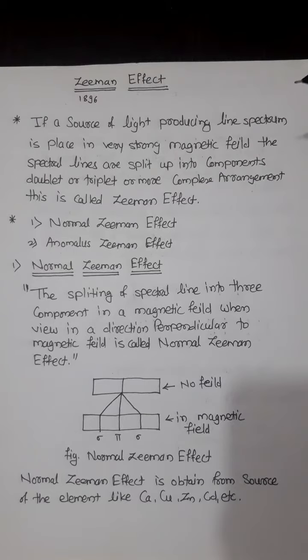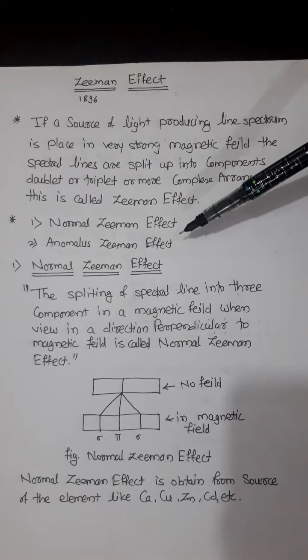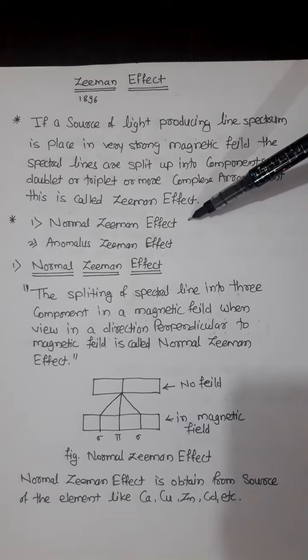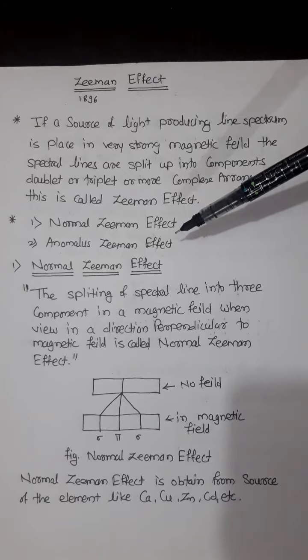There are two types: normal Zeeman effect and anomalous Zeeman effect. In normal Zeeman effect there are 3 spectral lines, and in anomalous Zeeman effect there are 4 spectral lines. You can simply remember that.